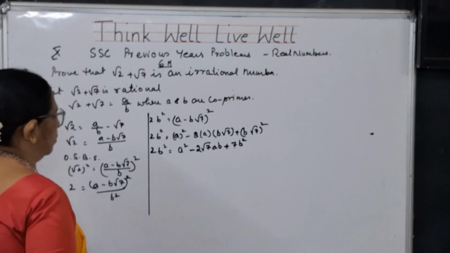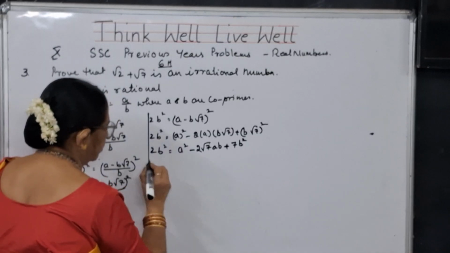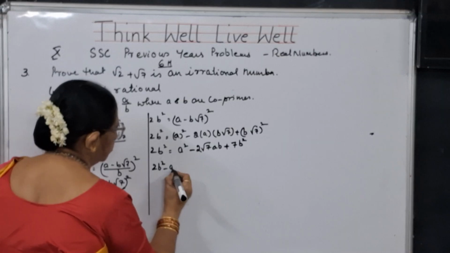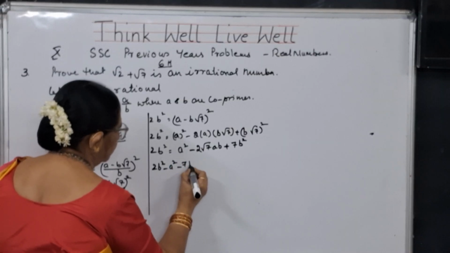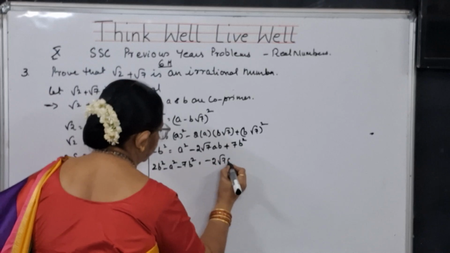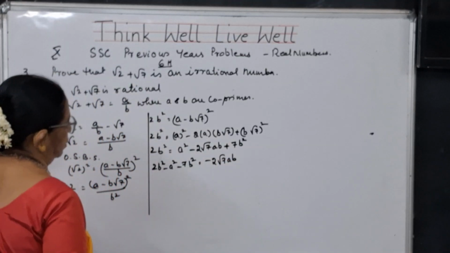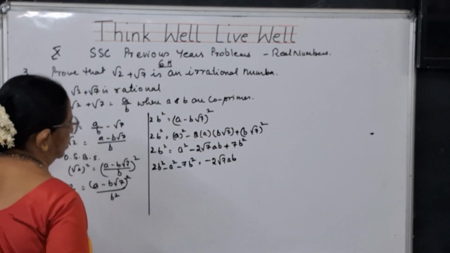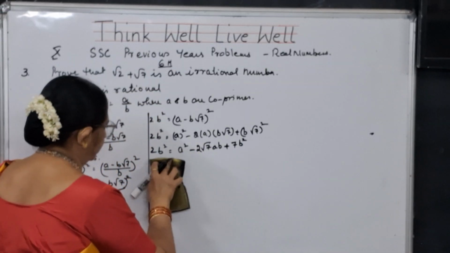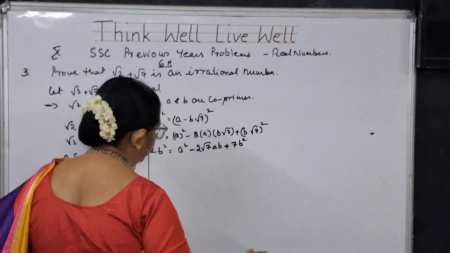Now, let me rearrange all the values. Otherwise, the easiest way is, I'll send 2b square to the other side.